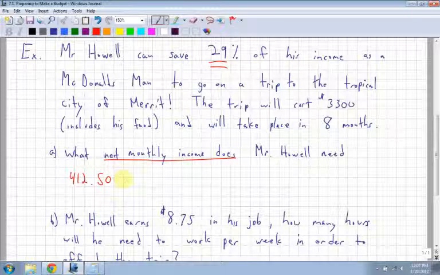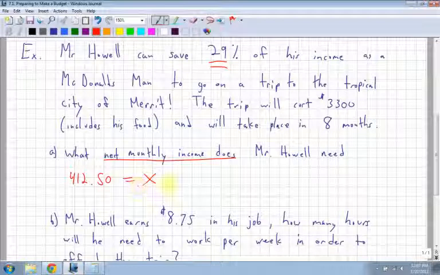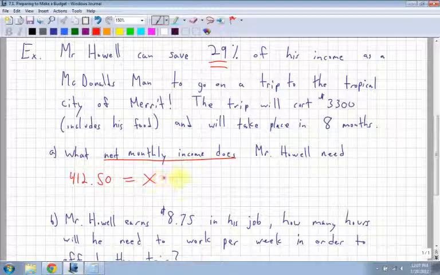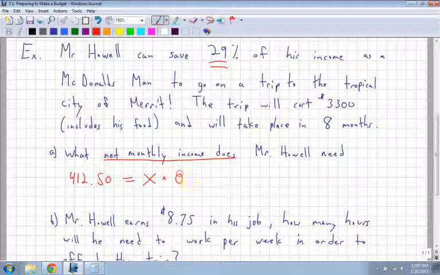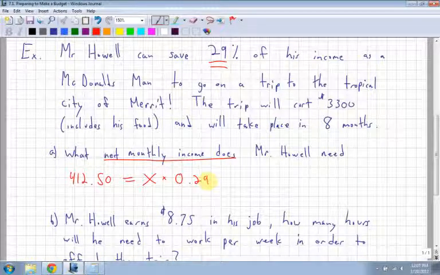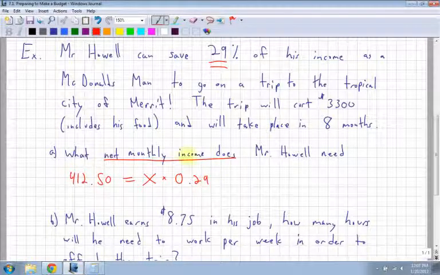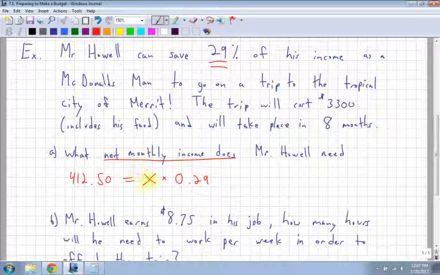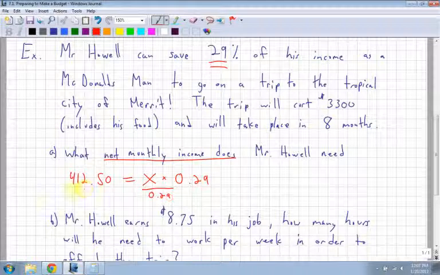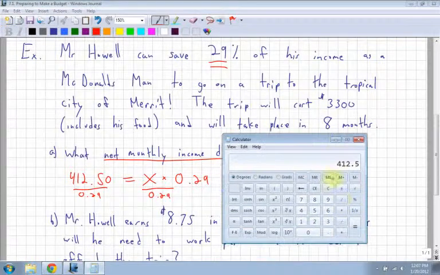So this would be equal to my income, which we'll call X, times 0.29, which is 29%. If you set it up like this, it's clear what you have to do to solve for X. I have to divide by 0.29 on both sides. So I have my $412.50, and I divide by 0.29.